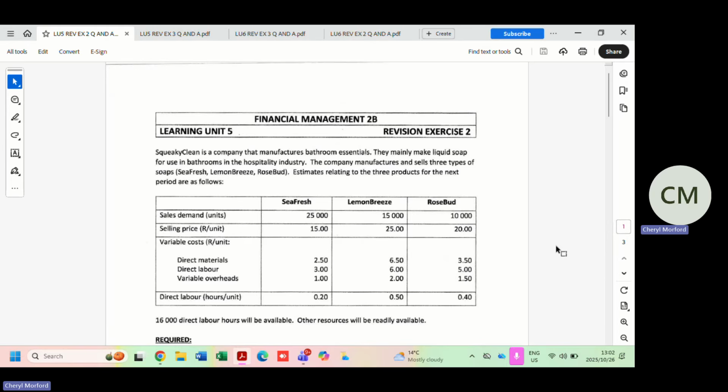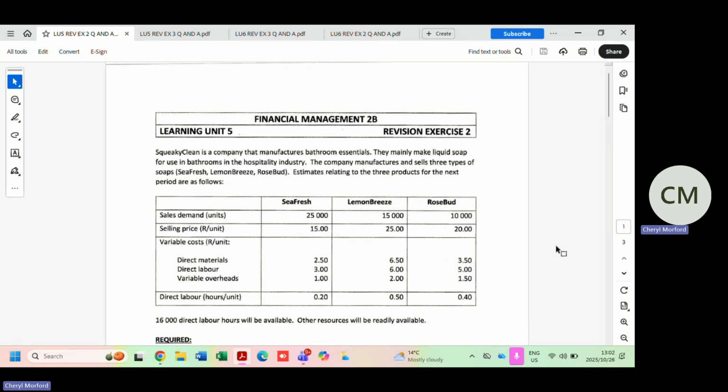Dreadful start. So you need to understand what relevant costs are. They are future differential cash outflows. And you must be able to give examples of relevant costs and find them in a question, as well as know which ones are irrelevant so that you would know not to include them.